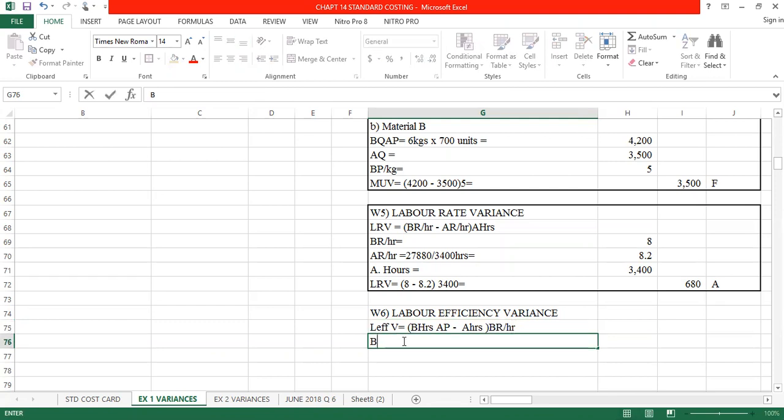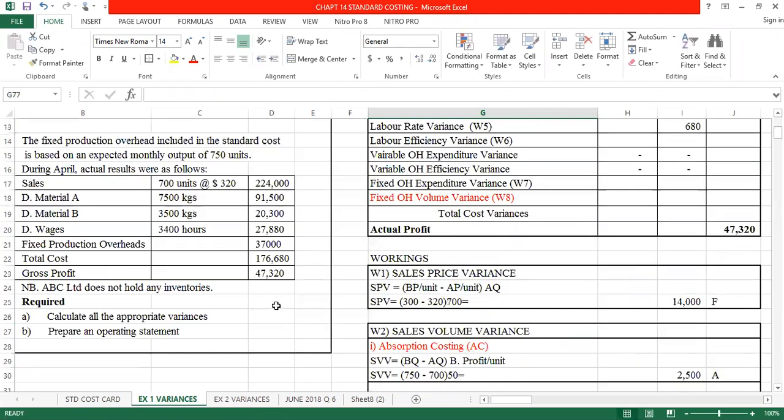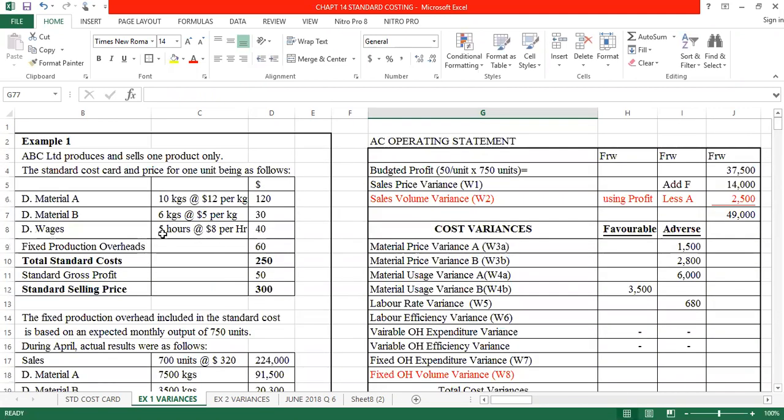So how do we get budgeted hours for actual production? It is equal to budgeted hours per unit times actual production units.